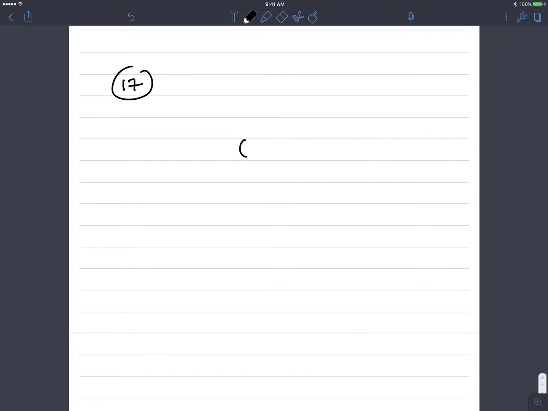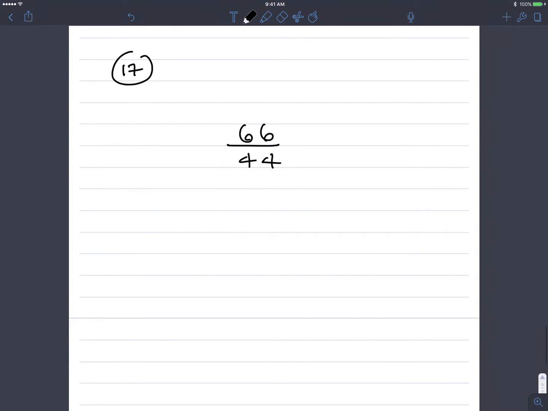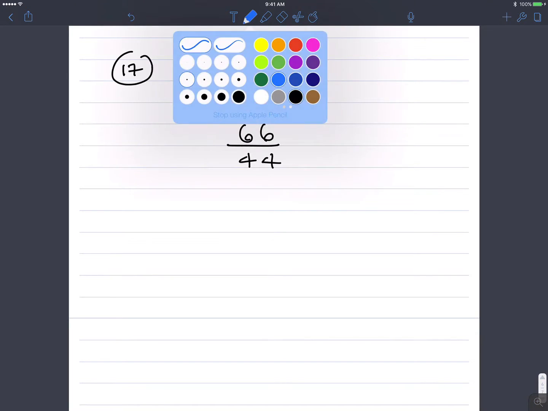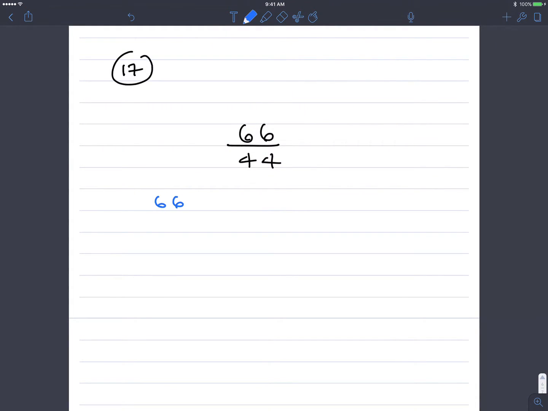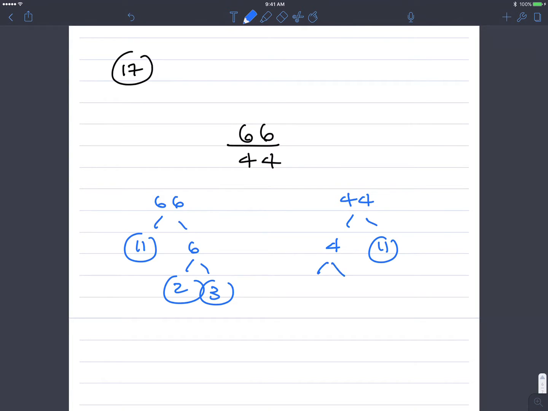Number 17. 66/44. We're going to break down these fractions. 66 is written as 11 times 6, where 11 is prime. 6 is 2 times 3. 44 is 4 times 11. 11 is prime.